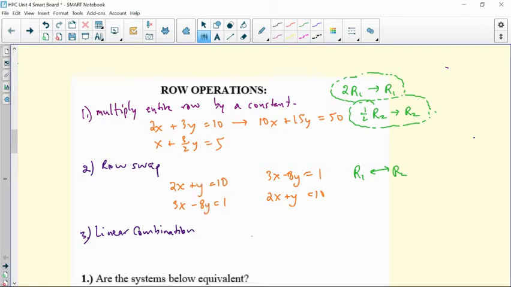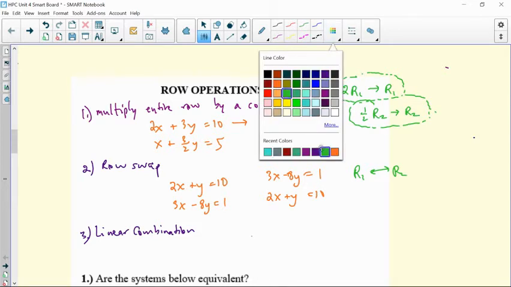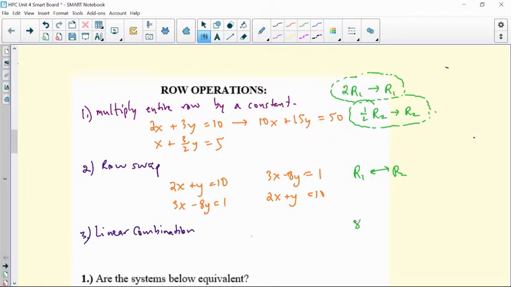That's how we would solve these equations. So in row language, I might say 8 row 1 added to row 2, because I want those to cancel, and I'm going to put the result into row 2. That would be an example of a linear combination.